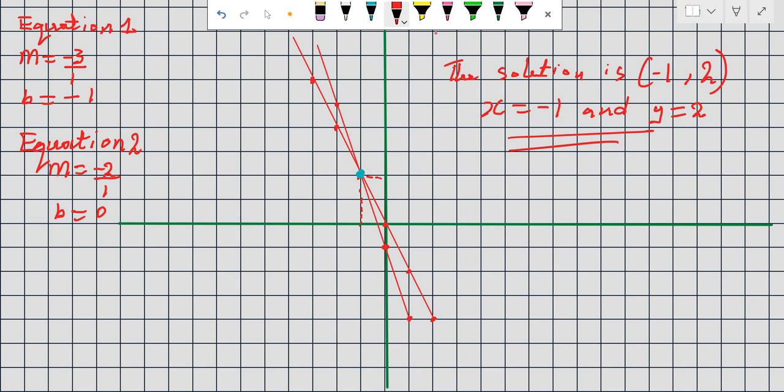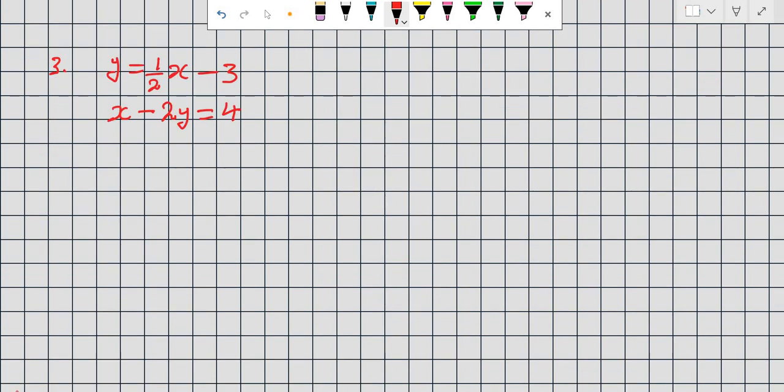All right. So now let's take another example. Example 3: we have y is equal to 1/2 x minus 3, and x minus 2y equal to 4. Let's label this as equation 1 and this as equation 2.